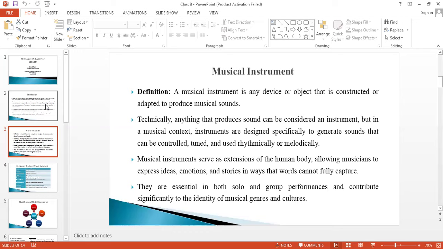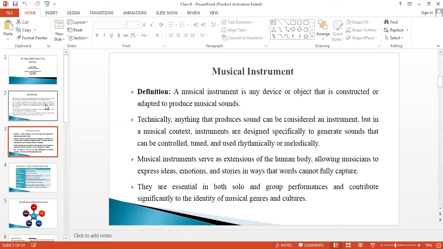Musical instruments serve as an extension of the human body, allowing musicians to express ideas, emotions, and stories in ways that words cannot fully capture. From every beat you hear, or instrument played, you see the expression of someone that is playing it.